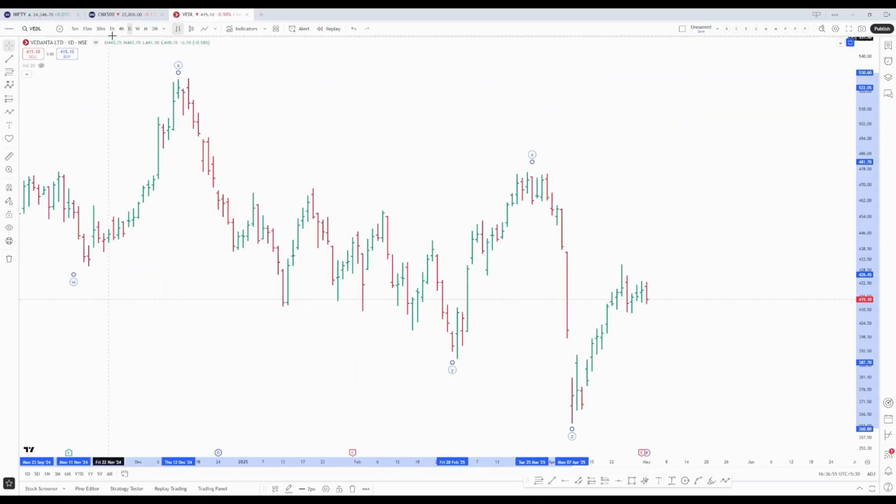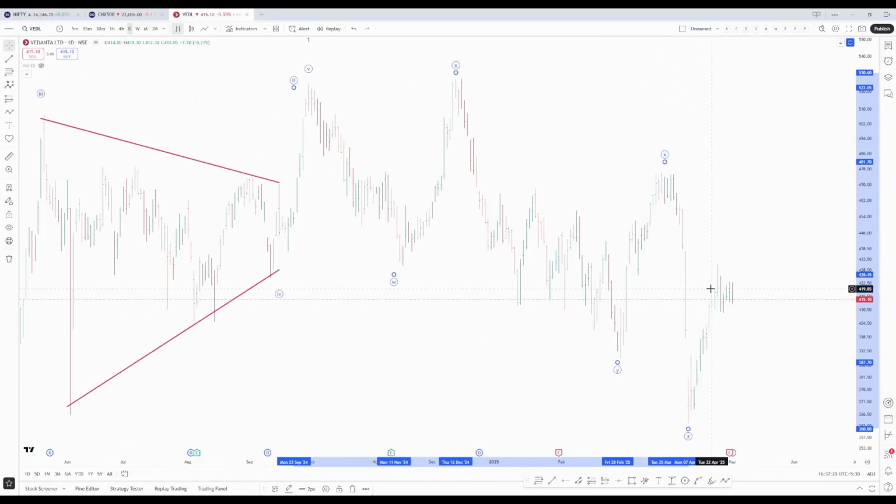So now we have come to the daily time frame, and we know that the current move which is happening right now is likely a 5 wave move. We are in fourth, and if we go beyond this point, then that would confirm that this is likely an impulse.